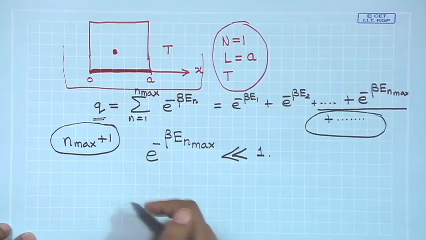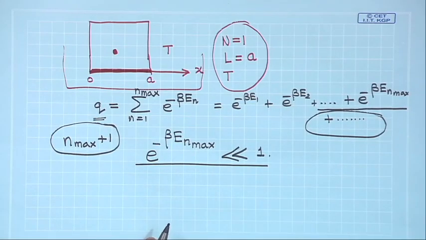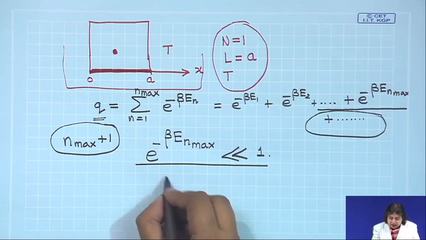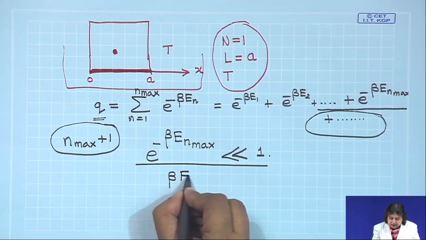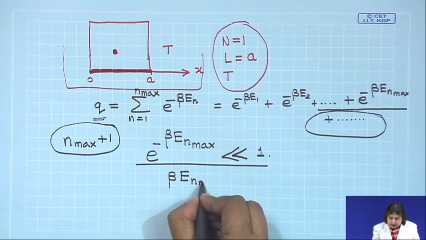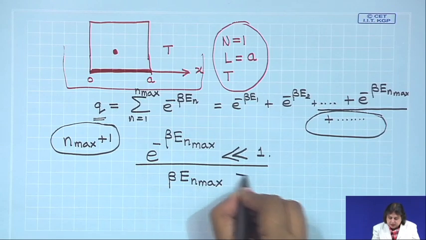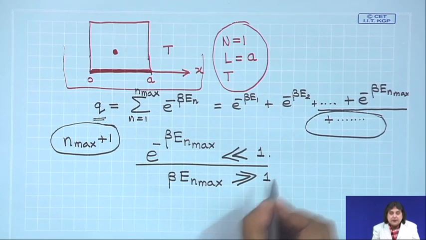I mean, n max or n max plus 1, this kind of term is going to be very small, or in other words, I must have beta E n max much greater than 1.